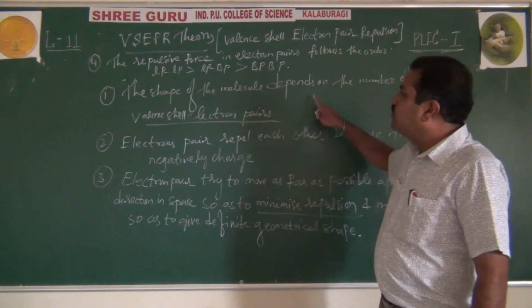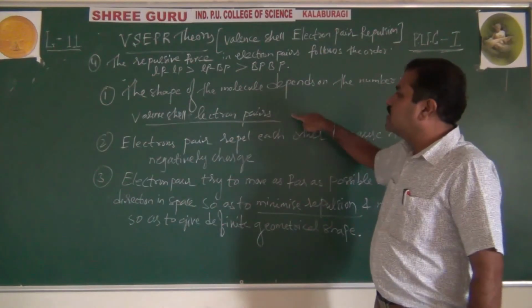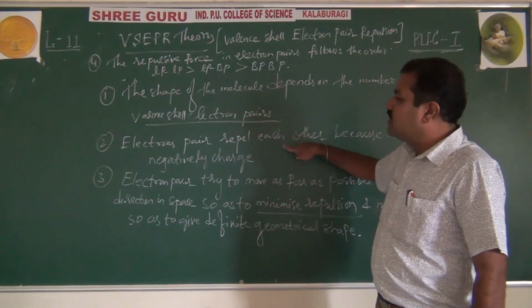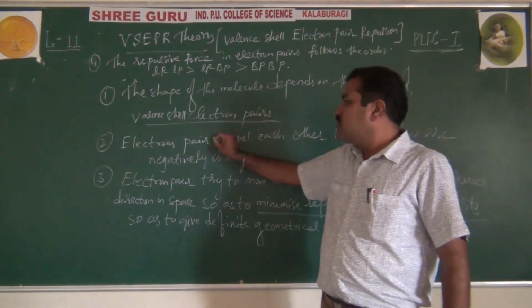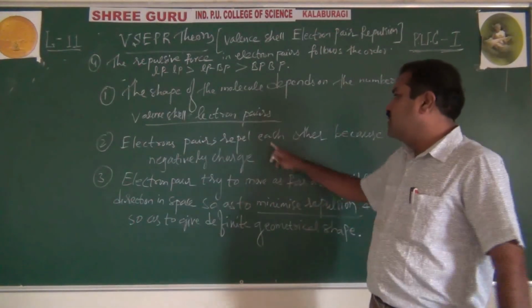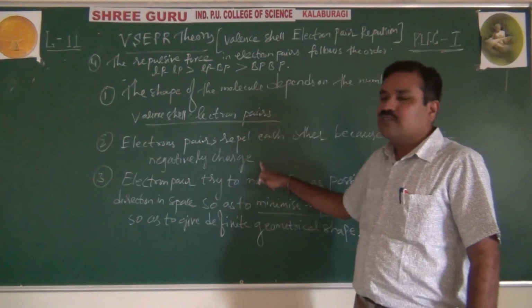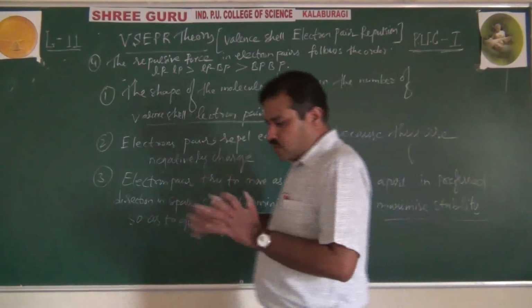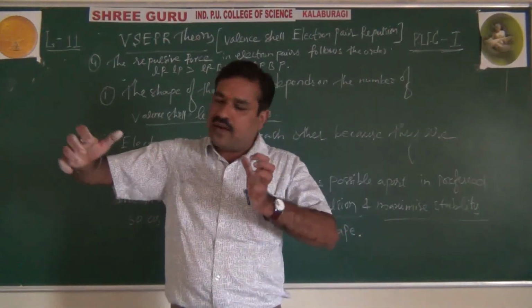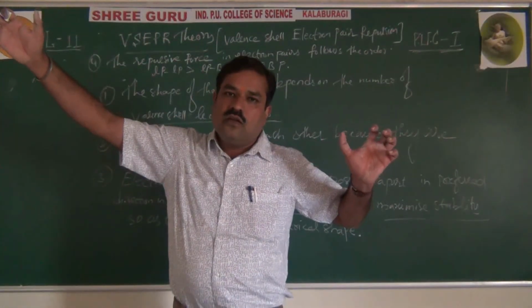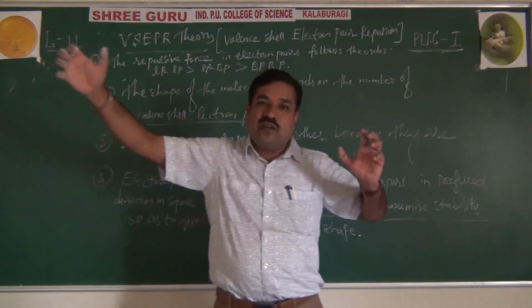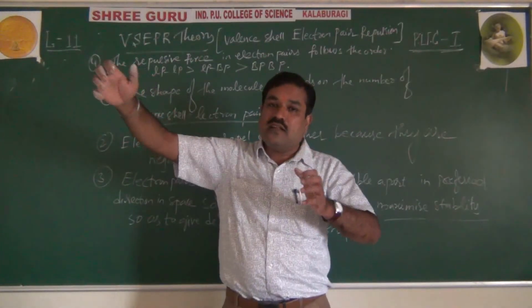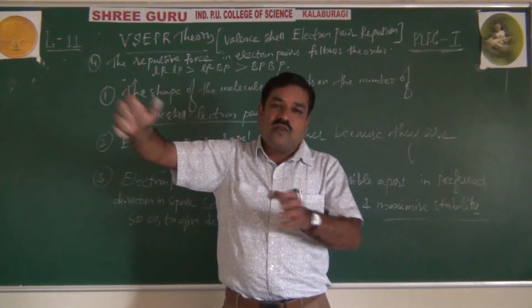Okay? The shape of the molecule depends on the number of valence electron pairs. And these electron pairs, whether bonding or non-bonding, repel each other because they are like charged. They are all negatively charged. These electron pairs will try to move as far apart as possible, not in a zigzag manner, but in a preferred, systematic direction in space.